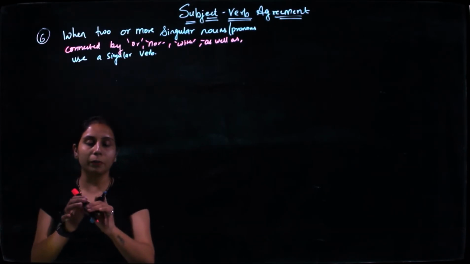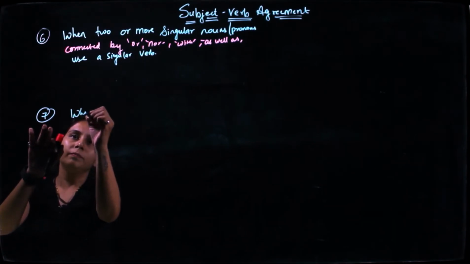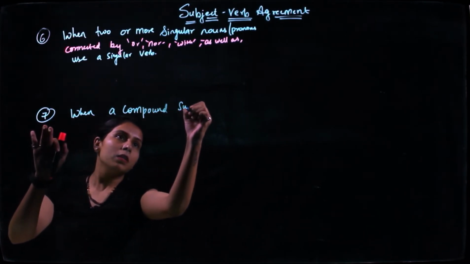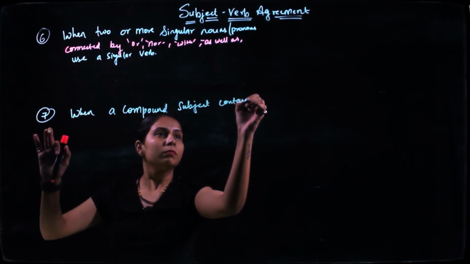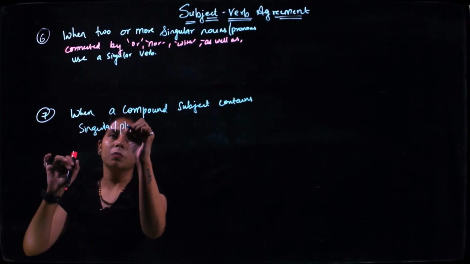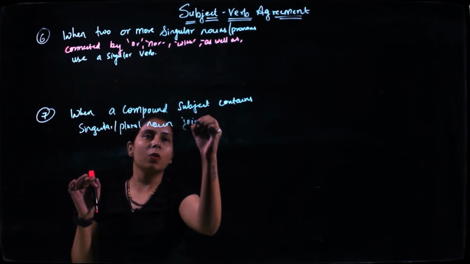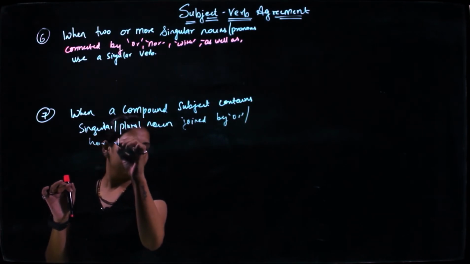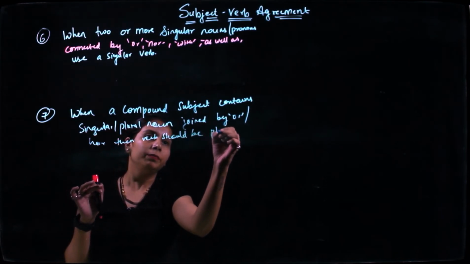The seventh also talks about the same. Like for example, let me write it first. The seventh says, when a compound subject contains singular or plural nouns, this condition is the same, which are joined or connected by or, nor, then the verb should be plural.